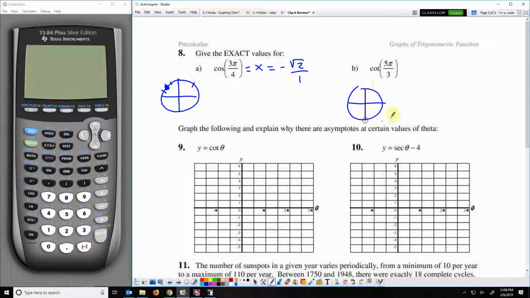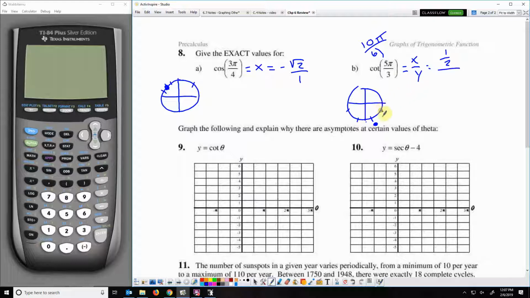Cotangent is reciprocal of tangent, which is x over y. 5 over 3 is the same as 10 pi over 6. So if I go halfway around, that's 6 over 6, 7 over 6, 8 over 6, 9 over 6, 10 over 6. Right there. The x value, that is one position to the right, so that's 1 over 2.